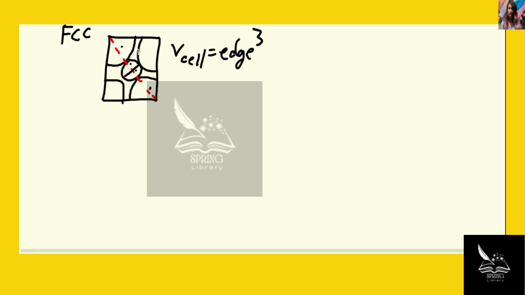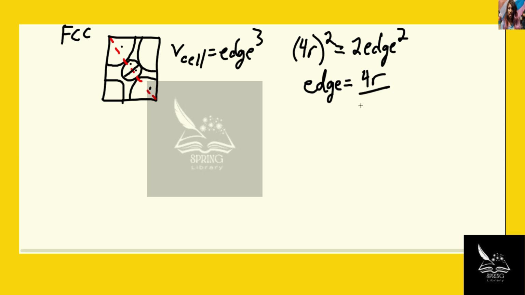So from this hypotenuse here, we can say that we have 4r squared is going to be equal to one edge here squared plus one edge here squared, which is just 2 edges squared. So we can therefore say that one edge equals 4r over square root of 2.